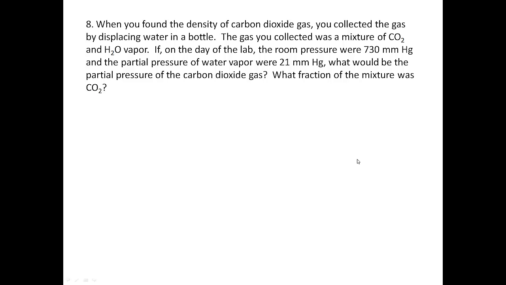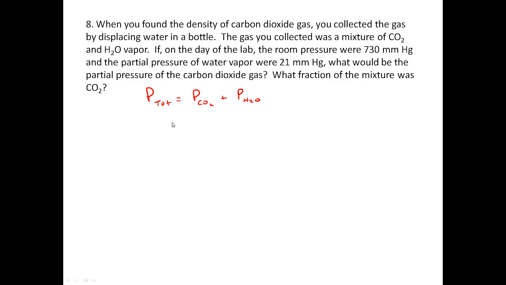Okay, next up, we're getting a little bit more complicated here. Found the density of carbon dioxide gas. You collected the gas by displacing water in a bottle. The gas you collected was a mixture of CO2 and H2O. On the day of the lab, the room pressure was 730 and the partial pressure of water was 21. What would be the partial pressure of the carbon dioxide gas? Well, we need our partial pressure equation here, right? The total pressure was the pressure due to the carbon dioxide plus the pressure due to the water.